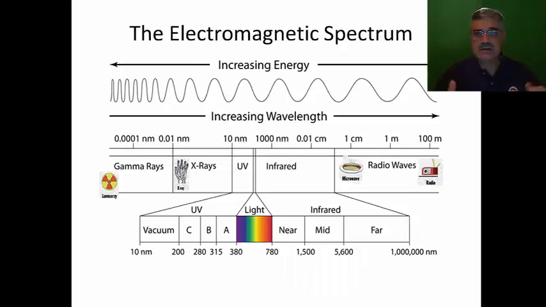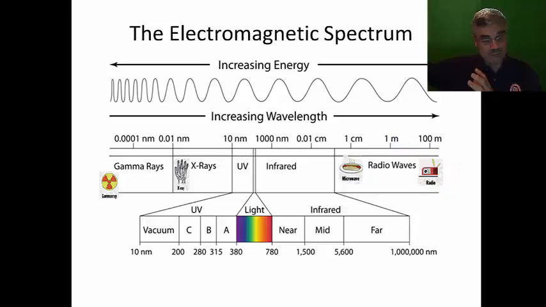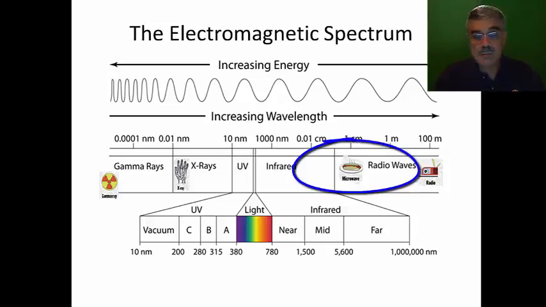This slide shows the complete electromagnetic spectrum. If we begin over to the right, we have what are called radio waves. This is the means by which FM and AM radio signals are sent from a transmitter to our radio receivers. The wavelengths of radio waves are as long as 100 meters long. Then we have microwaves, yes, our microwave oven.